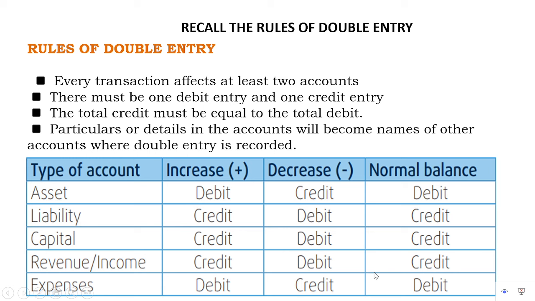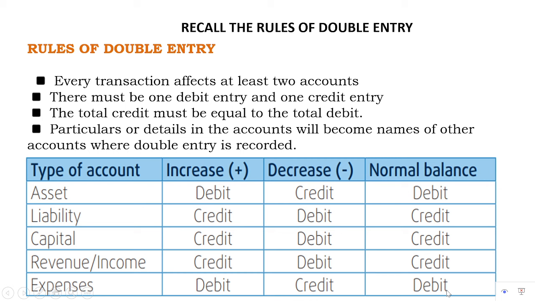The total credit must be equal to the total debit. The particulars, or details, in the account will become the names of the other accounts where the double entry is recorded. I hope that you remember this when reflecting the double entry.